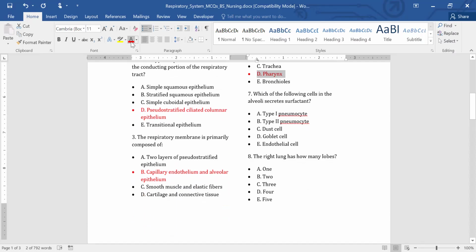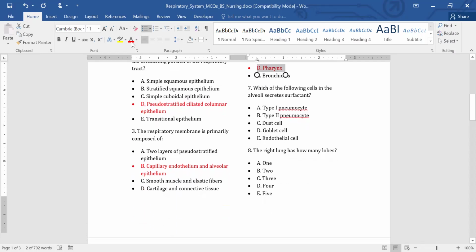Which of the following cells in the alveoli secrete surfactant? Type 1 or type 2 pneumocytes. I think this is type 2 pneumocytes. Let me confirm it.